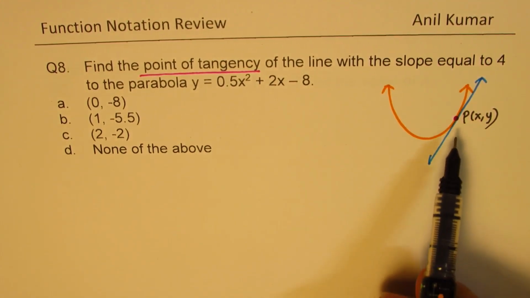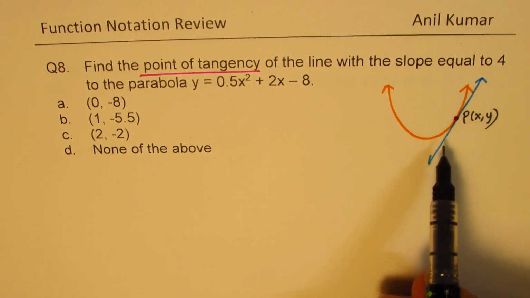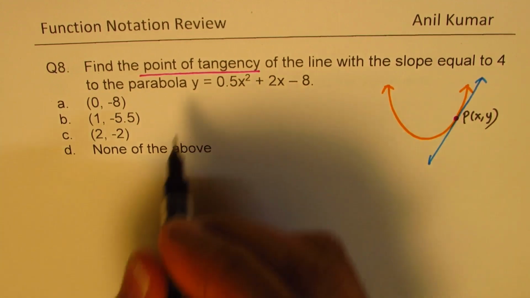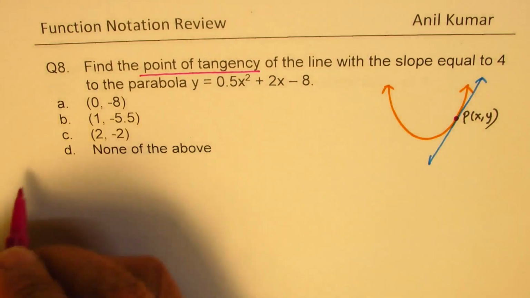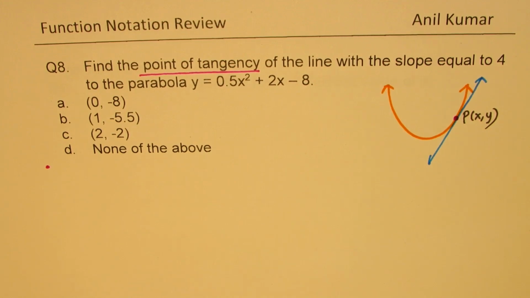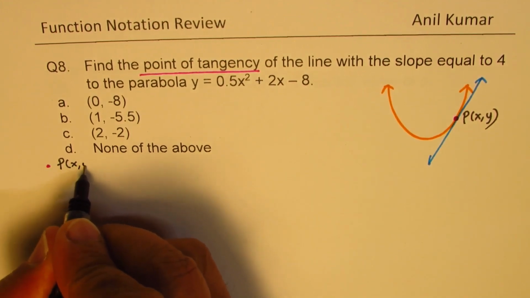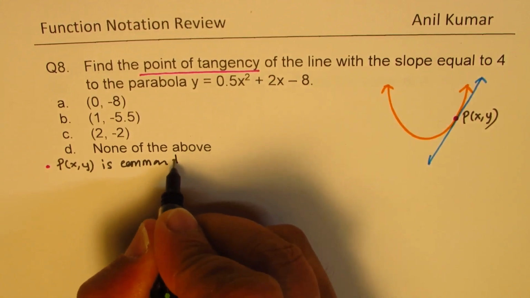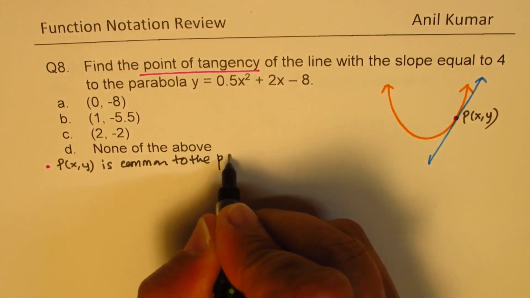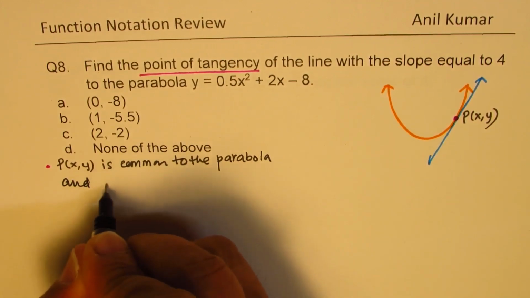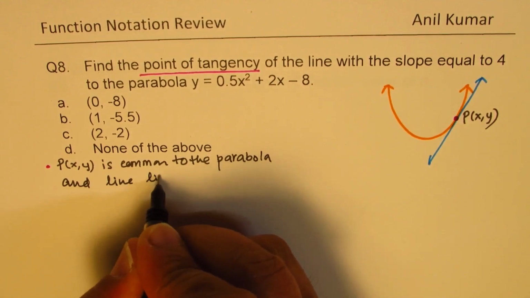So what you see here is that the point lies on the line and also on the parabola, and it intersects only at one point. So those are the two critical things which you need to understand. One, that the point xy is common to the parabola and the line, right?